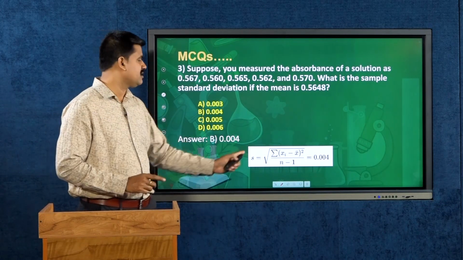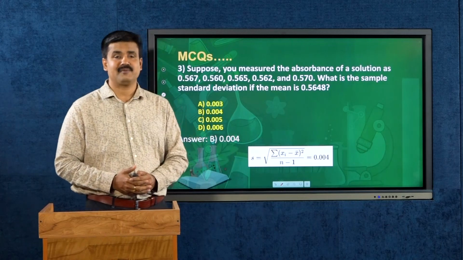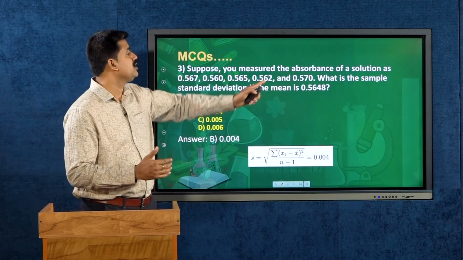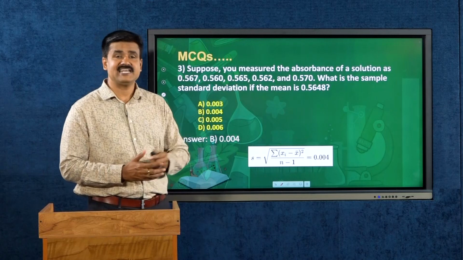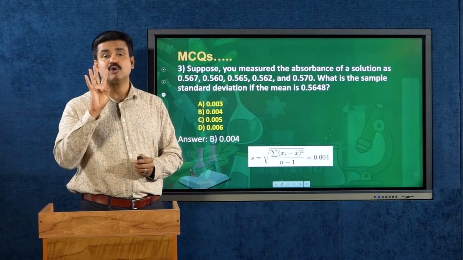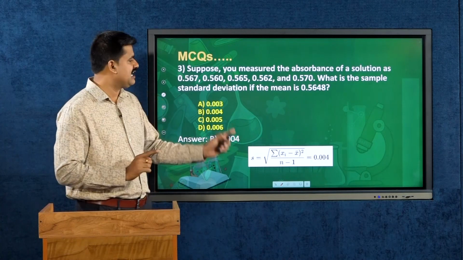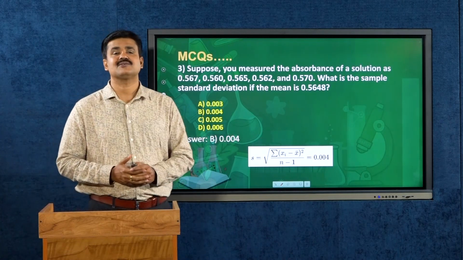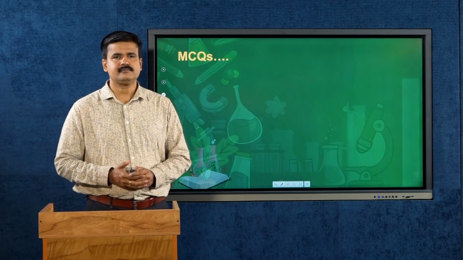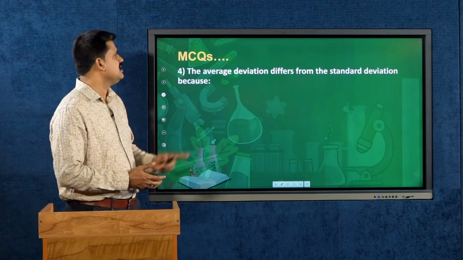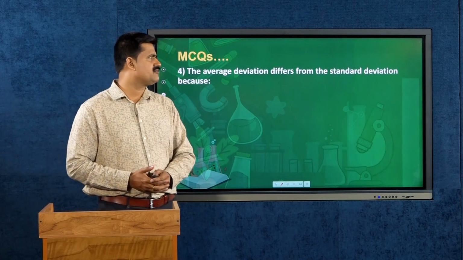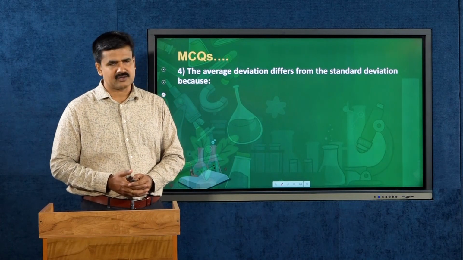Once again, remember, the denominator is equal to n minus 1. In the present problem, you have 5 sets of data and the denominator is n minus 1, 5 minus 1, that is equal to 4, and the result will be 0.004.